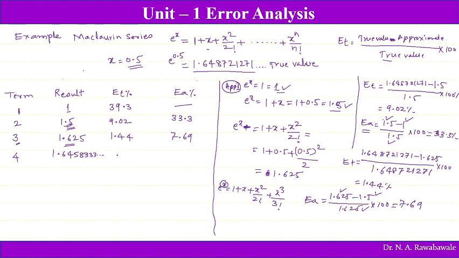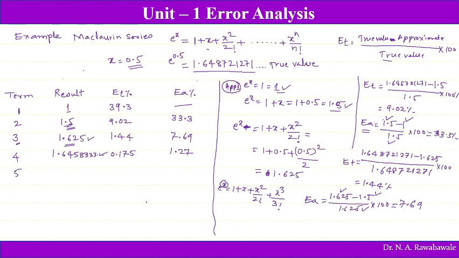The true error works out to be 0.175, whereas the approximate error works out to be 1.27. So this is the previous value and this is the present value. The previous value minus present value divided by present value gives us the approximate error.